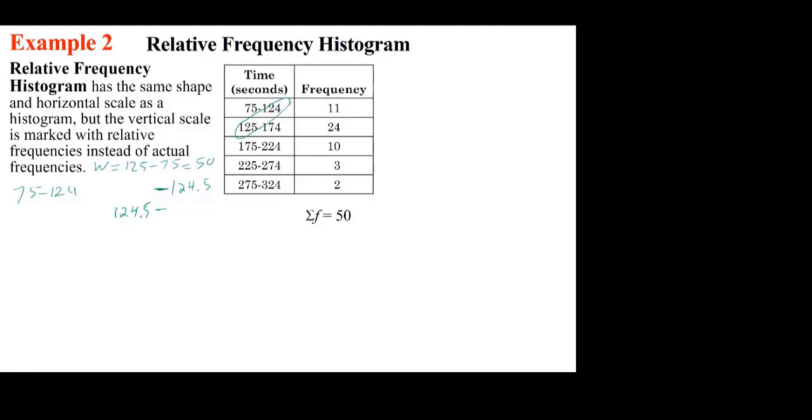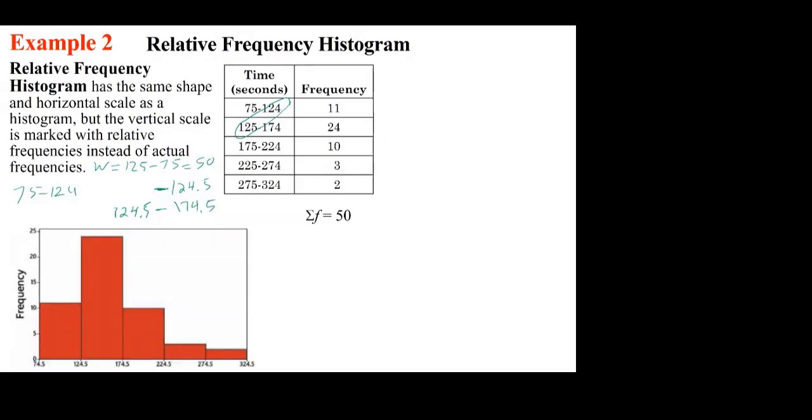So if you add 50 to 124.5, you get 174.5. You can subtract 50 from 124.5 and you get 74.5. And this is the histogram that you have. Very straightforward. And the largest one, of course, has the frequency of 24. So these heights correspond to 24, 11, 10, 3, and 2.